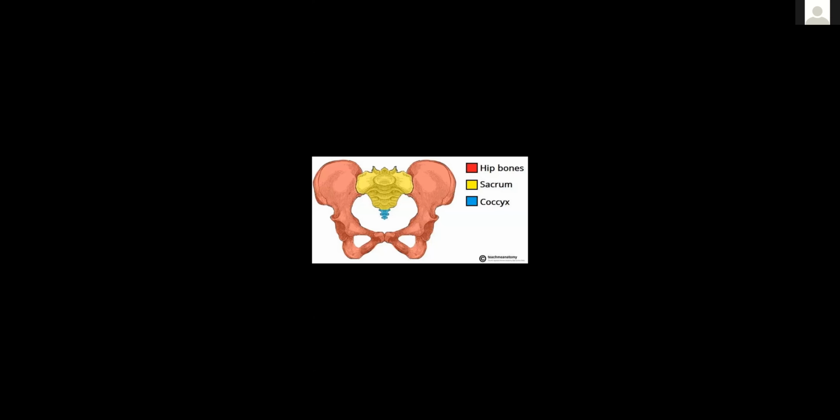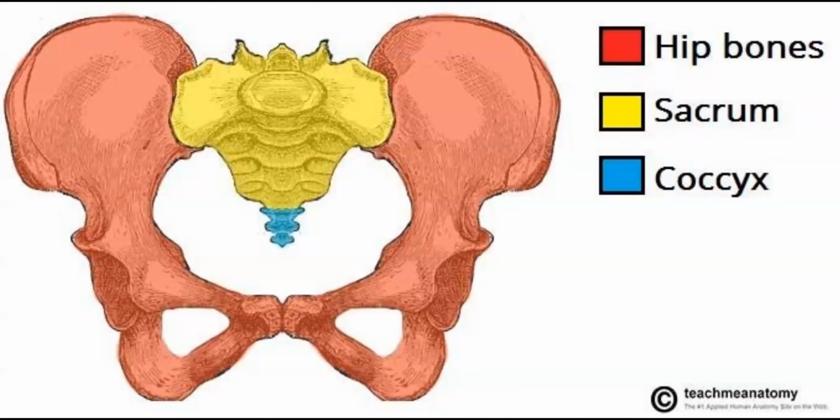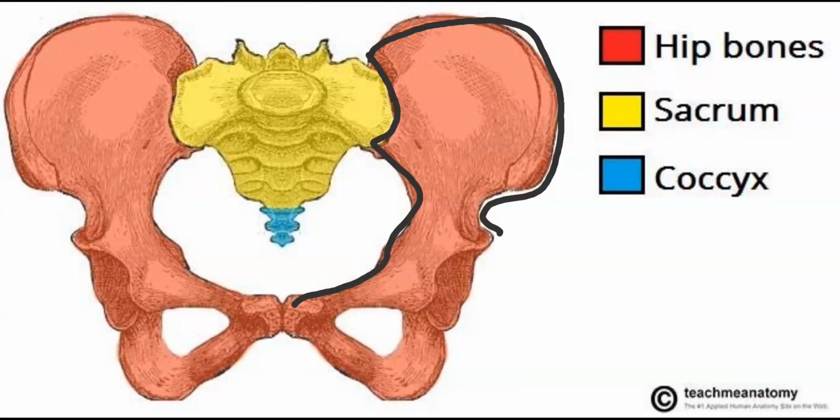I'll show you. So these are called hip bones or coxal bones. This is the one, the coxal bone, one of them.